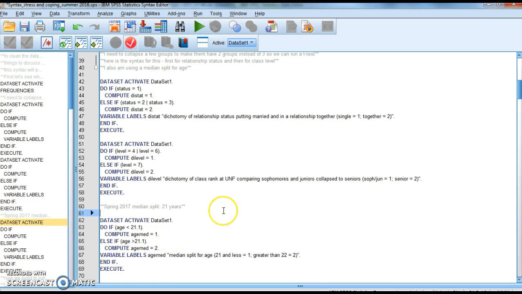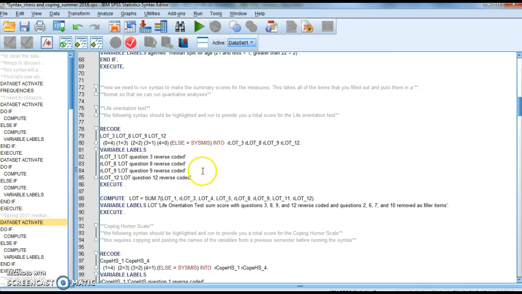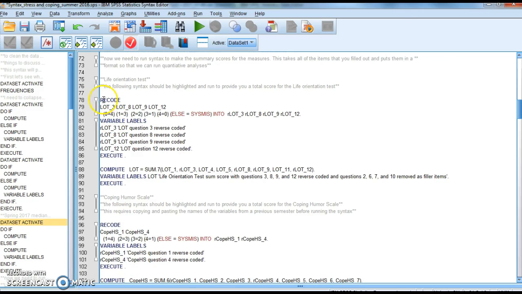So now let me run you through what our syntax looks like for our different measures. As I mentioned, individuals often don't understand how psychology creates numbers, as we do quantitative research. So this is for the life orientation test. That is a measure of optimism, and we reverse coded some of the items.